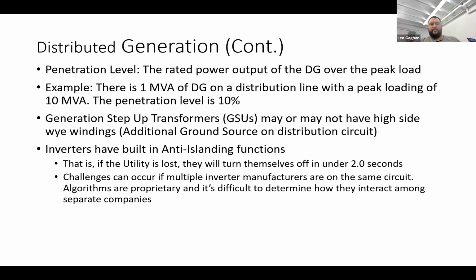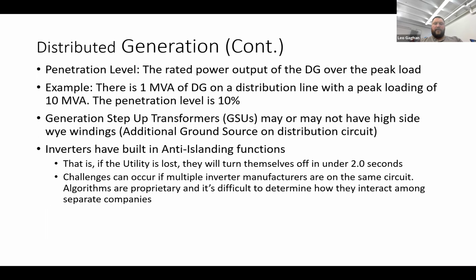Inverters. You have your panels themselves, but a lot of times your inverters are considered the generators, if you would. They have a lot of built-in algorithms. One of the big ones that they have is anti-islanding. That is, if the utility is lost, they'll turn themselves off in under 2 seconds.